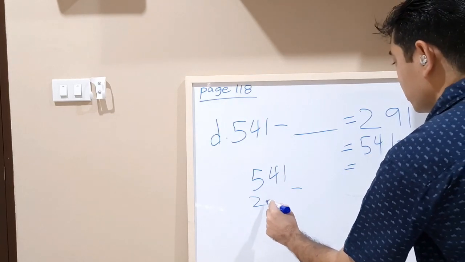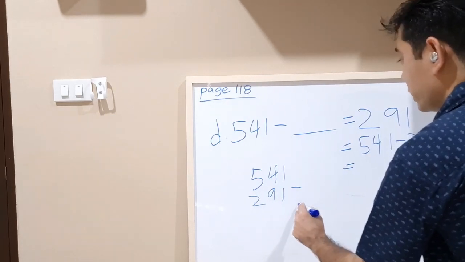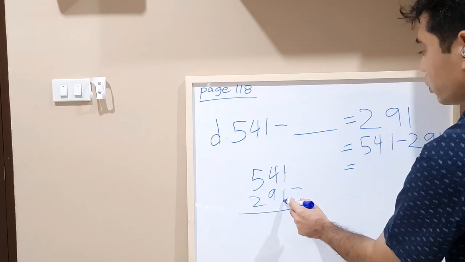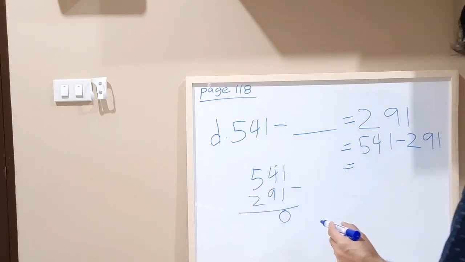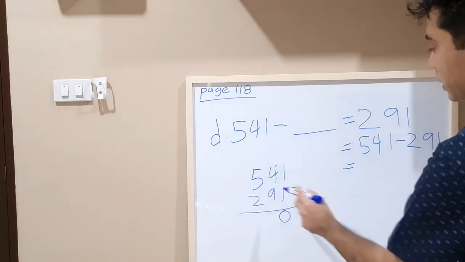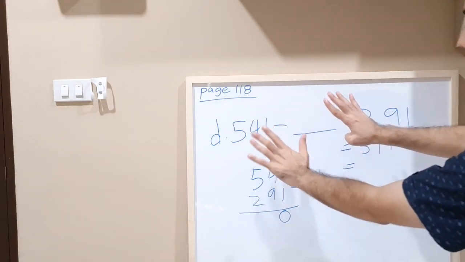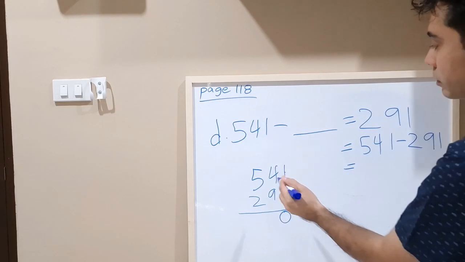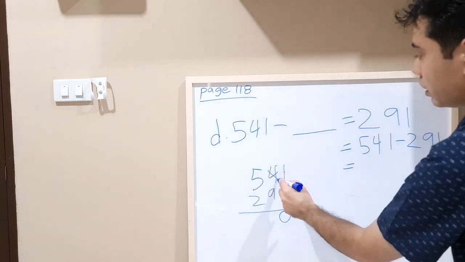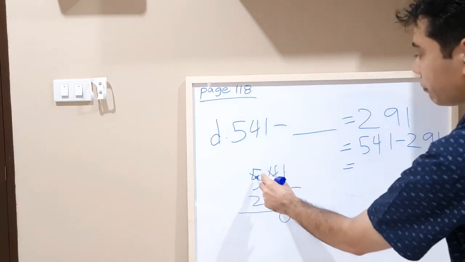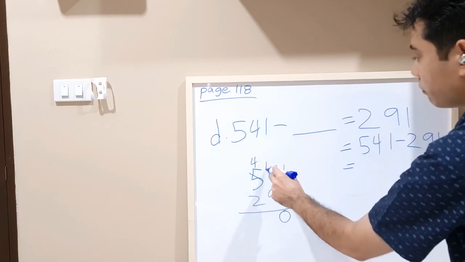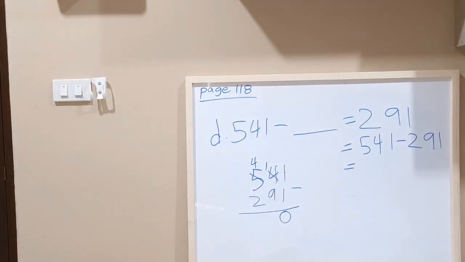541 minus 291. 1 minus 1, 0. 4 minus 9 cannot be. Take away 9 cannot be. So we need to borrow. 4 will borrow from 5. So 5 will become 4. 4 will become 14.